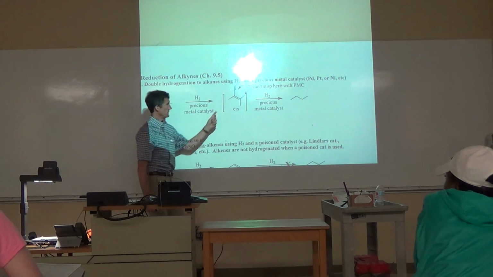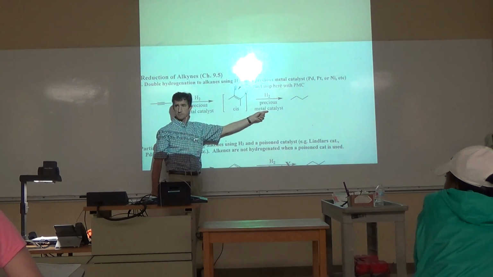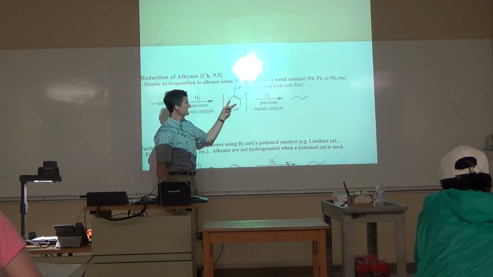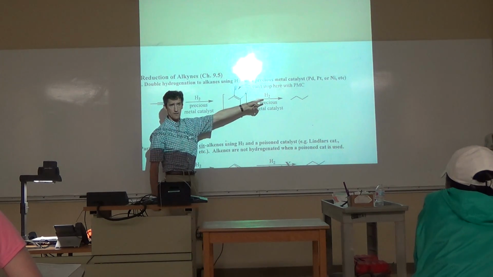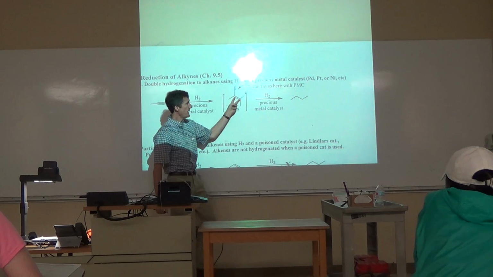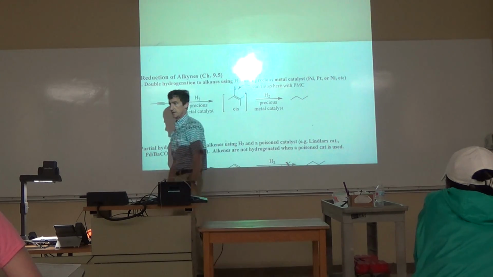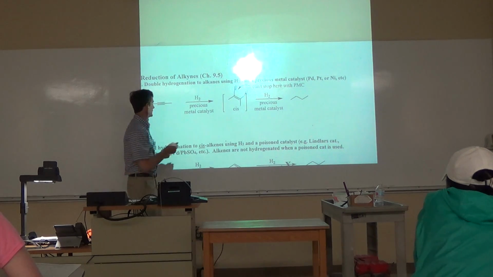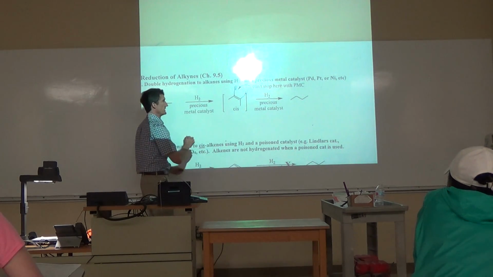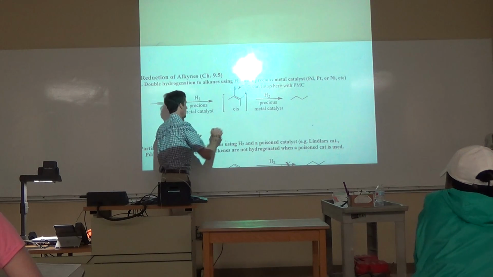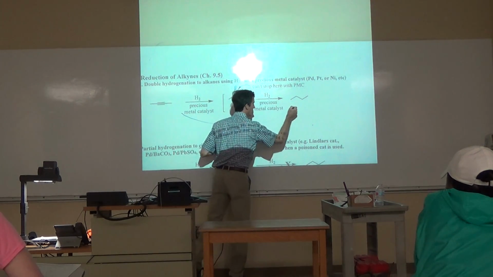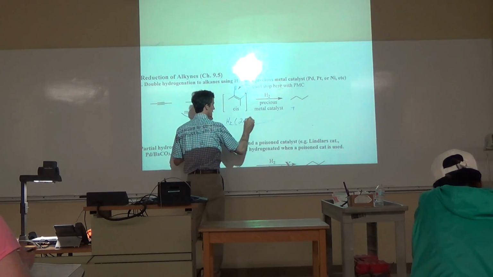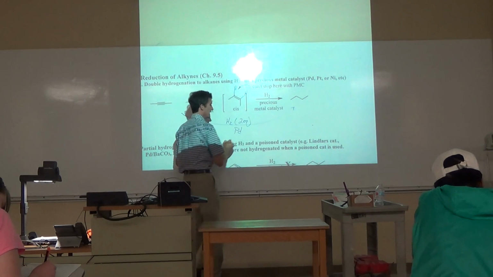Well, guess what? Can alkenes react with hydrogen? Yeah. So it's going to react again. And when it reacts again, what do you end up with? No longer any pi bond. It's totally saturated. And 4 H's have been added. 2 equivalents. This reaction, it's hard to stop here. It's going to go all the way. Basically, this is going to react all the way with H2, 2 equivalents, and something like palladium or platinum.